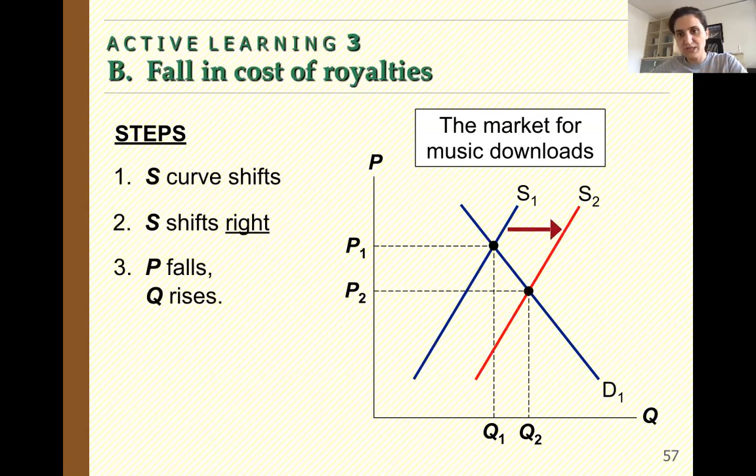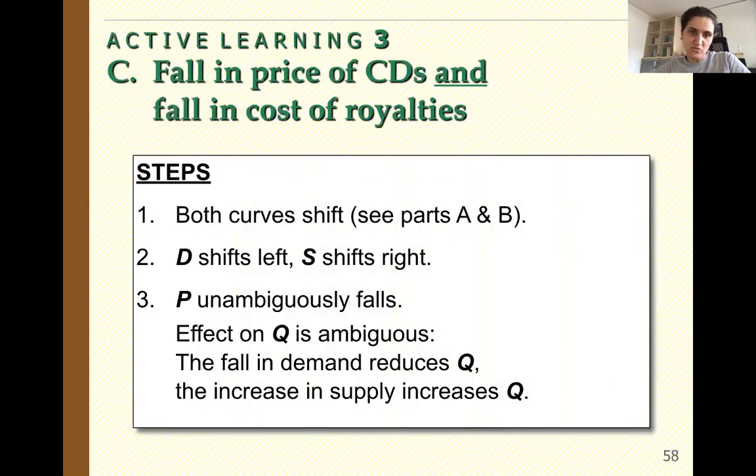So you are going to have a D2 curve in here as well. Price is going to fall for sure, but you cannot say anything about the equilibrium quantity. The effect on quantity is ambiguous. The fall in demand reduces Q, the increase in supply increases Q. So depending on the magnitude of the shifts, equilibrium quantity will change.